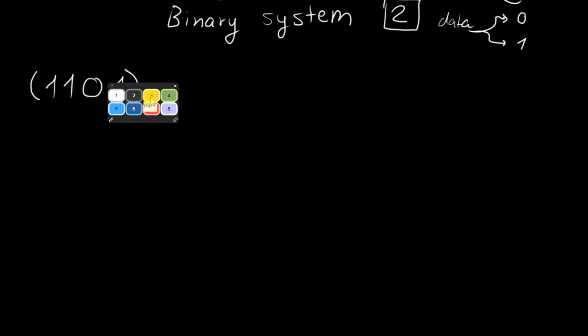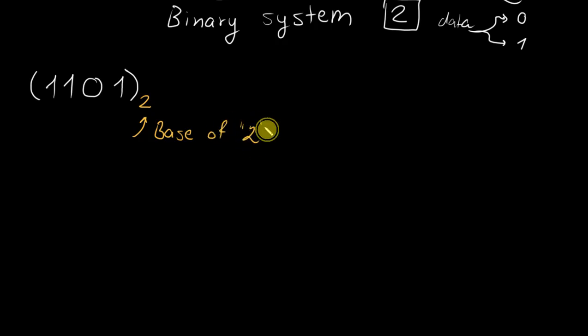So this is the base of 2. Before we had 10, now we have 2. Now, what does this mean? Let's break this down. I will put 3 plus signs because you'll very soon see what the number is.